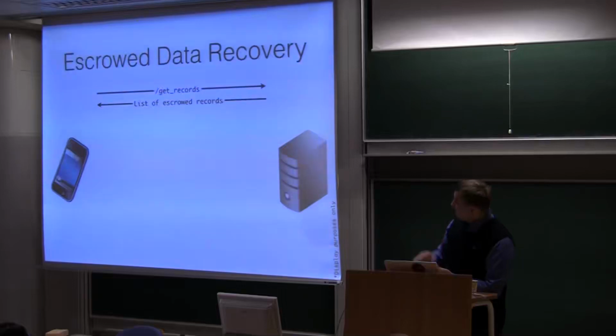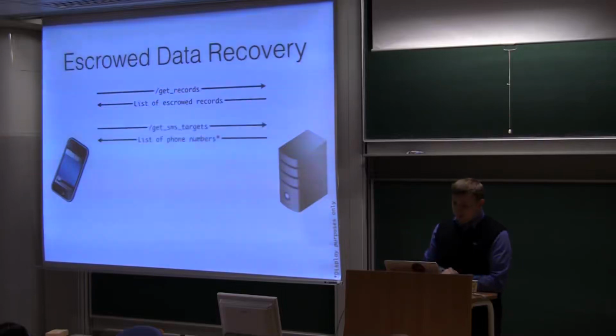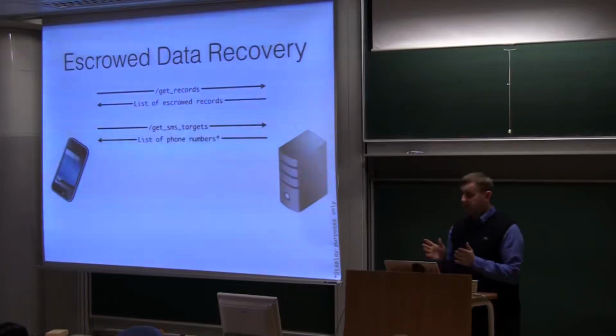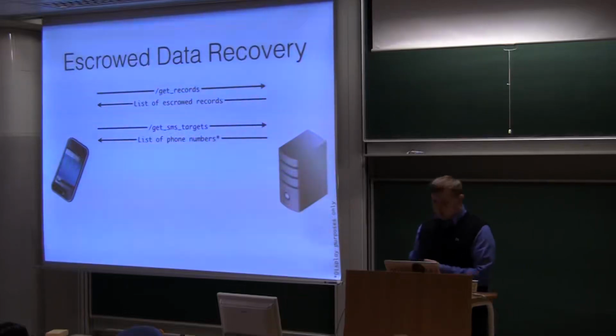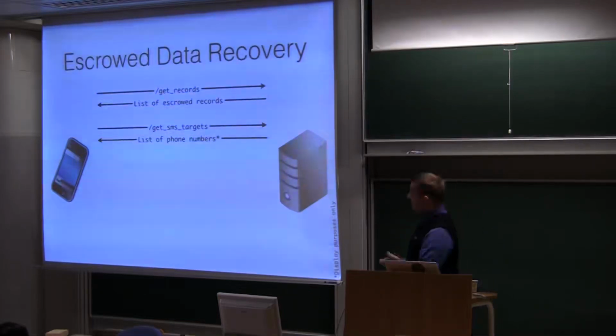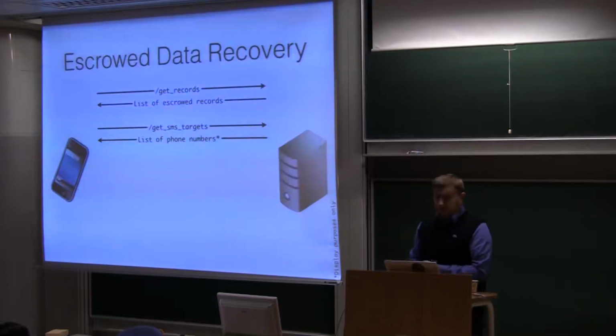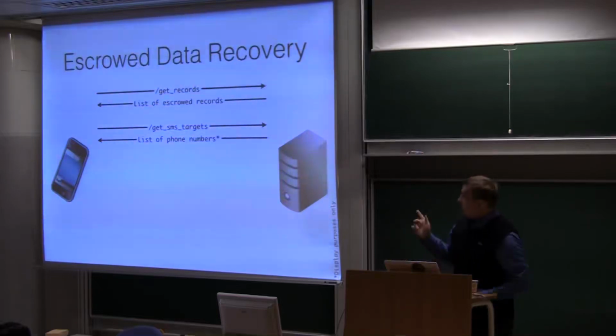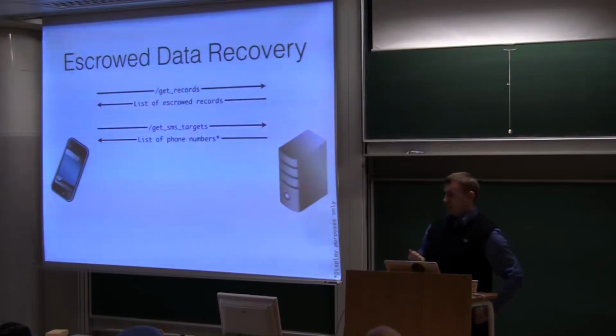It issues the get records command to the server, and the server responds with the list of available records. Then the device asks for the list of associated phone numbers. It runs the get SMS targets command, and the server responds with a list of phone numbers that are associated with the account. I'd like to say that those phone numbers are used only for display purposes.